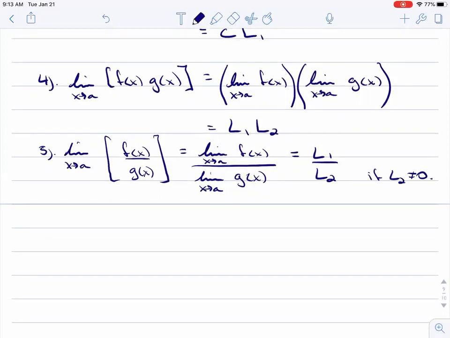We can't divide by 0 still, so assuming that the limit of g of x is not 0, we're allowed to do this.